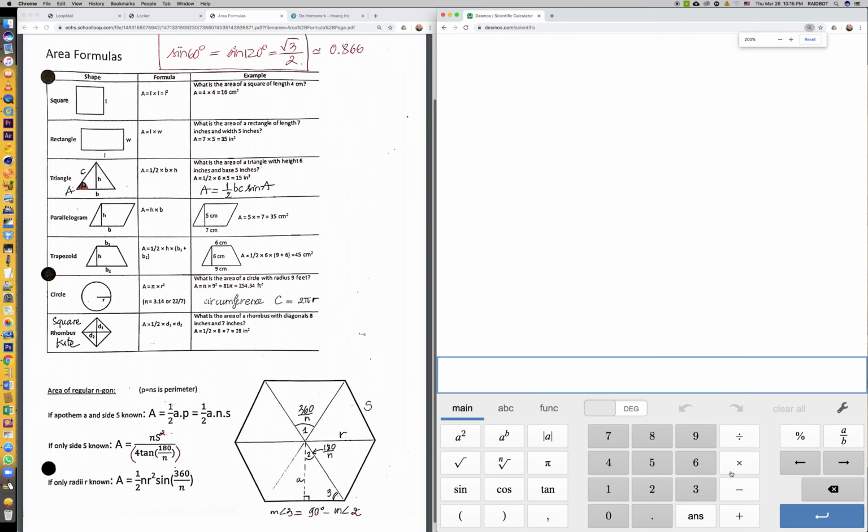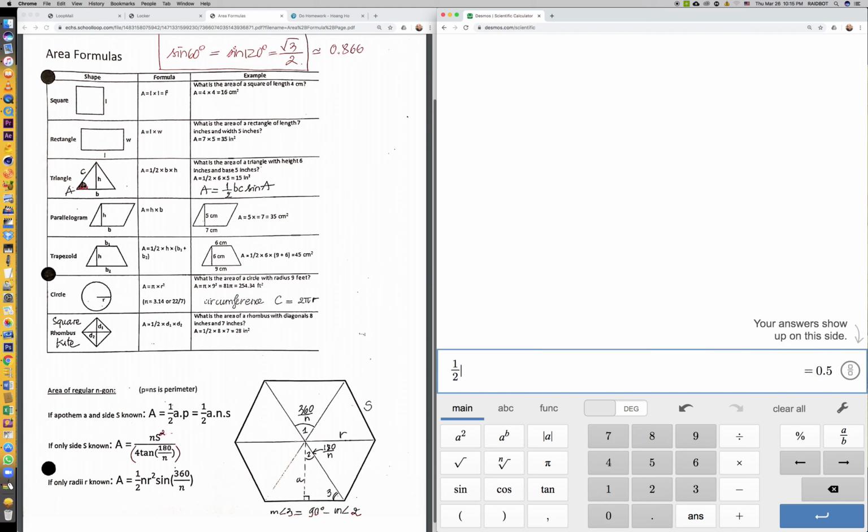Then make it a little bit bigger so you can see it. So let's type the formula in: half, multiply n, multiply r squared, and then multiply by sine.